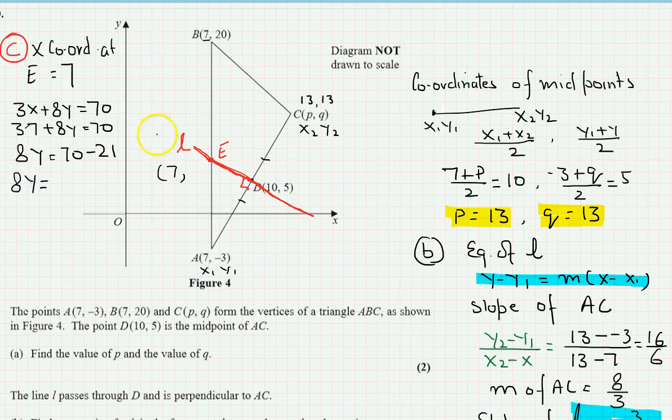So 8y is equal to 49. So y will be 49 over 8. So this is the y coordinate and this is the x coordinate. So 7 and 49 over 8. These are the coordinates.